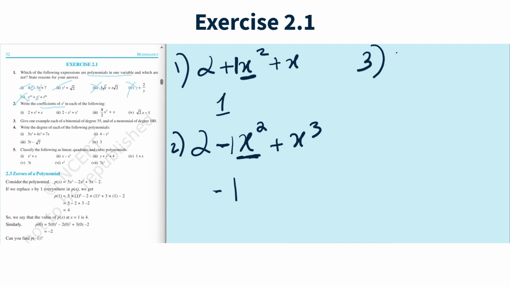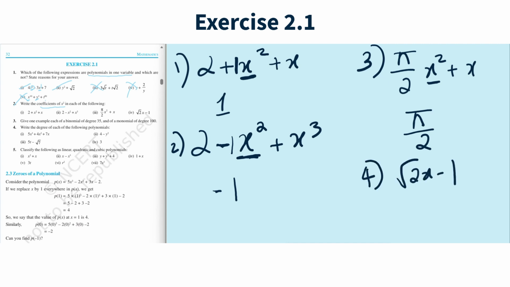Looking at the third question, pi by 2 x squared plus x. The x square's coefficient is pi by 2, as simple as that. The fourth question is root 2x minus 1. For this question, we do not have an x square. That means that when there is no term of that sort, like for example they've asked you for x square here but we don't have x square, it means that it was multiplied with a 0.